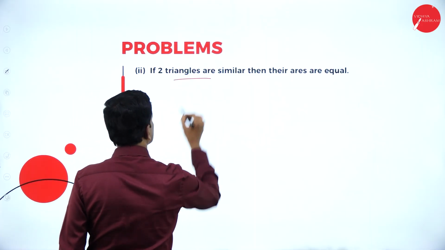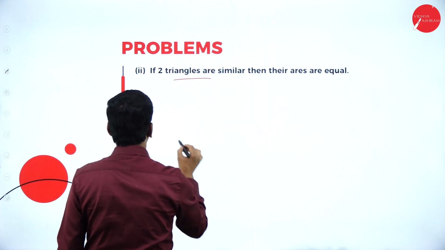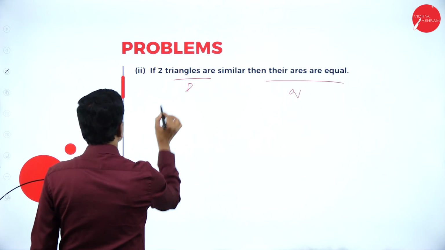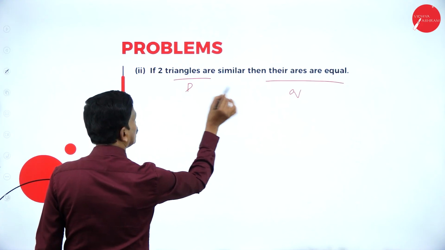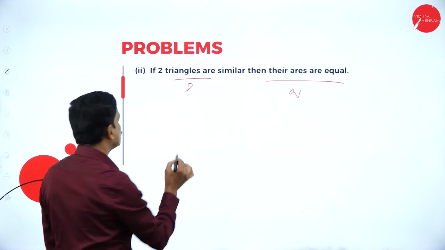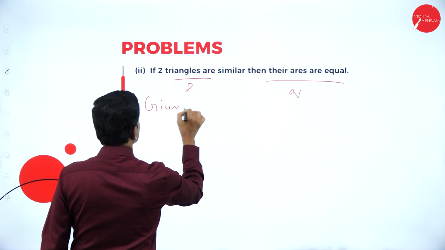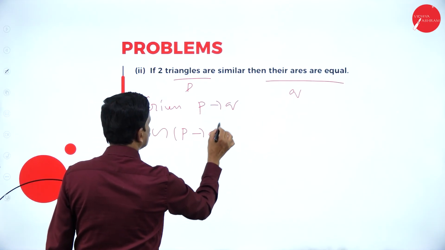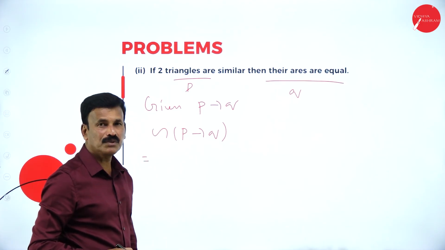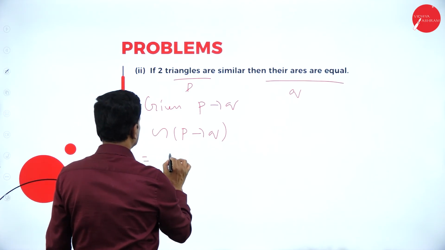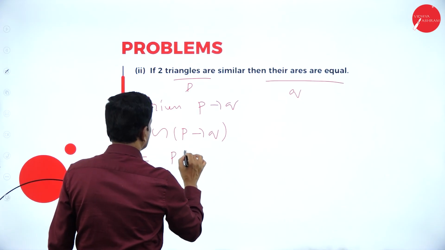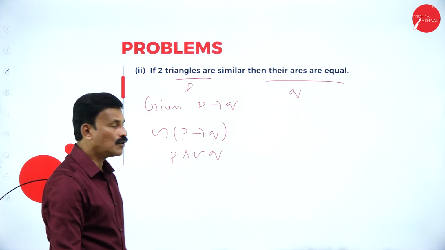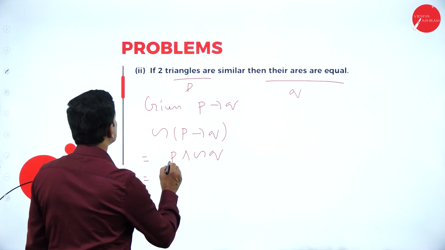Second problem. If triangles are similar, then their areas are equal. So this is P, then their areas are equal, that is Q. So what is given? This if-then is nothing but a conditional statement. So the given statement is P conditional to Q. Now we have to negate. Negation of P conditional to Q. You know negation of P conditional to Q is nothing but P conjunction negation Q, right? Now what is this? This is nothing but P. What is P?